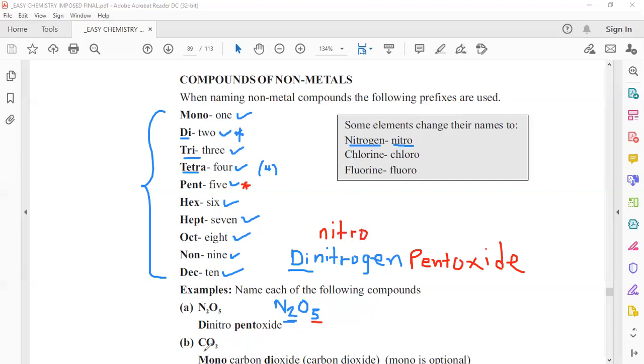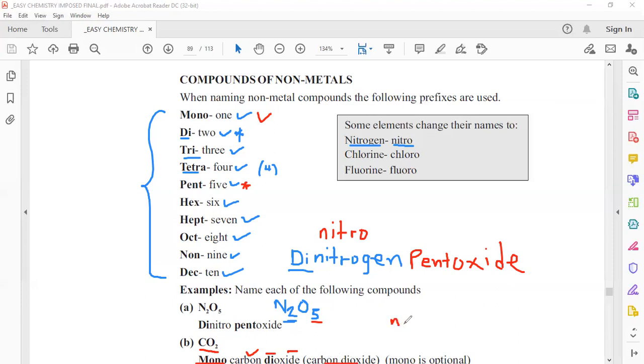Let's look at the common, the famous CO2. CO2 means you have one carbon. What is the meaning of one? One means mono, so you're free to say monocarbon. Then how many oxygens? We have two oxygens, so we can say dioxide, which is commonly known as carbon dioxide.